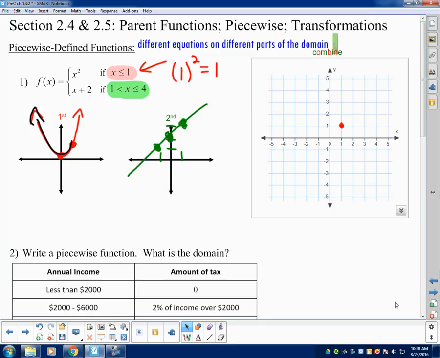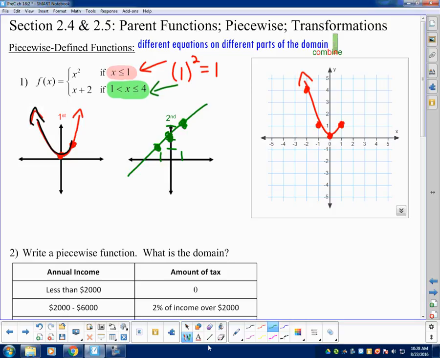And so back over here, I know it goes through 0, 0, and then if I plug in negative 1 to x squared, I get positive 1. If I plug in negative 2, I get positive 4. So fairly accurate left half of that piecewise function. Now at x equals 1, it's going to change. It says here that x equals 1 is not included.